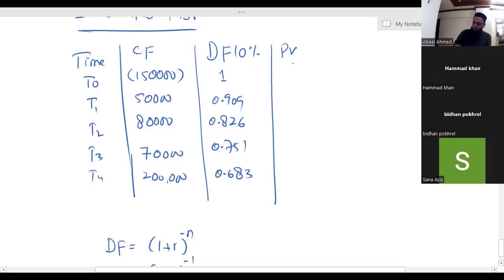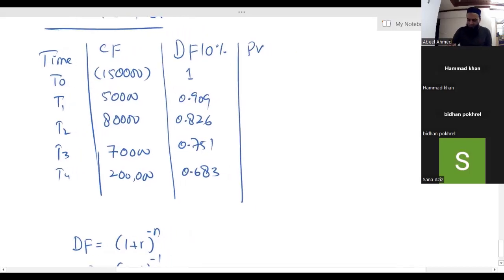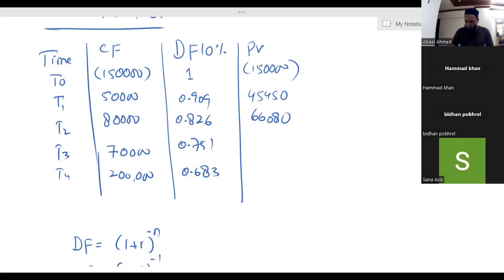Now we have to calculate the present values by multiplying cash flows with the discount factor. 1,50,000. 50,000 into 0.909 gives 45,450. Then 66,080, then 52,570.